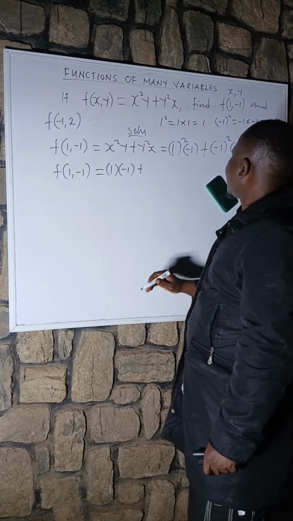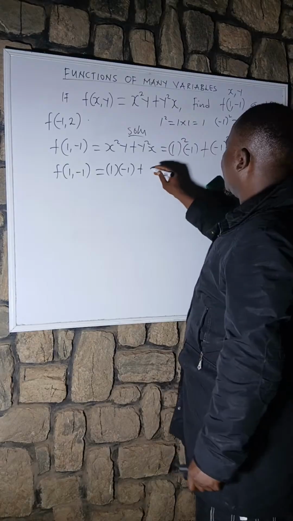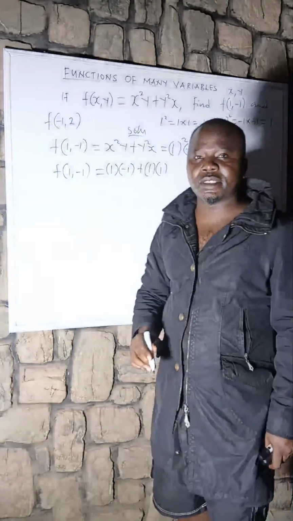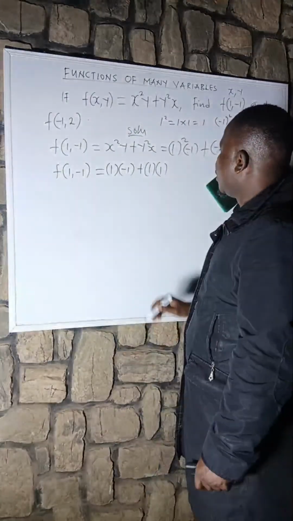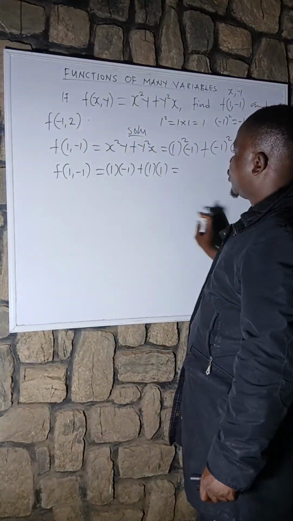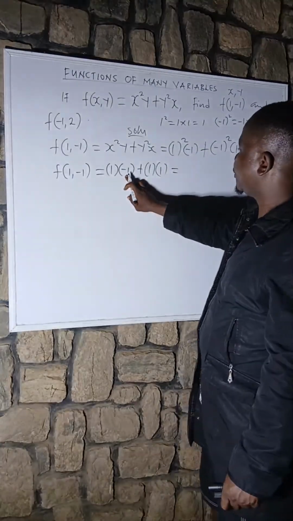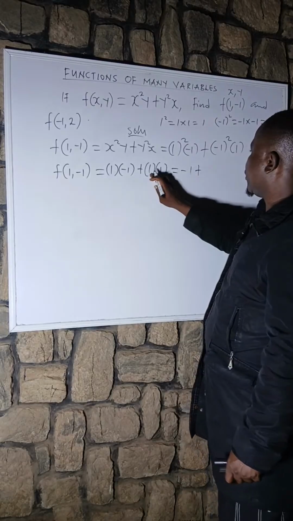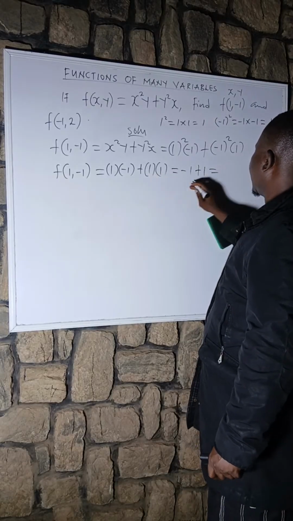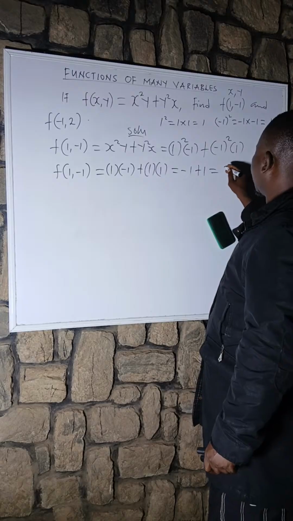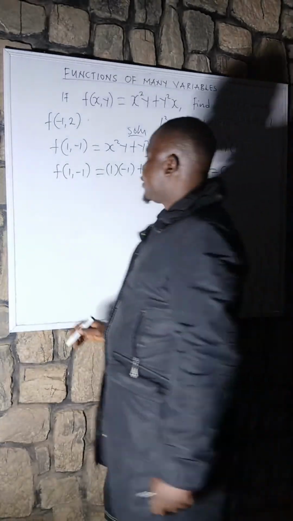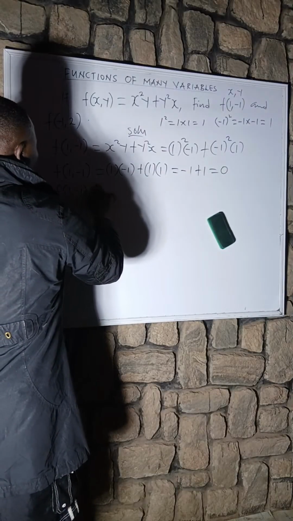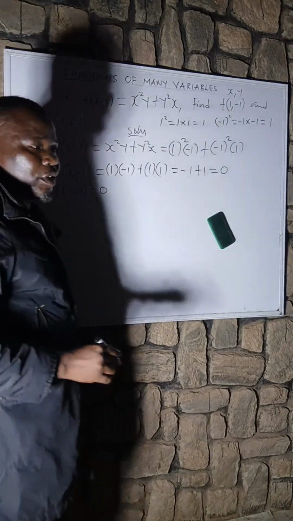So this is 1 times minus 1, which gives minus 1, then plus 1 times 1, which is 1. You can see that minus 1 plus 1 is 0. So the answer, f of 1 comma minus 1, is equal to 0. Please, do you have any question?